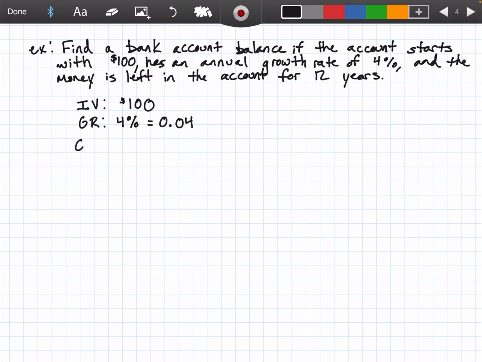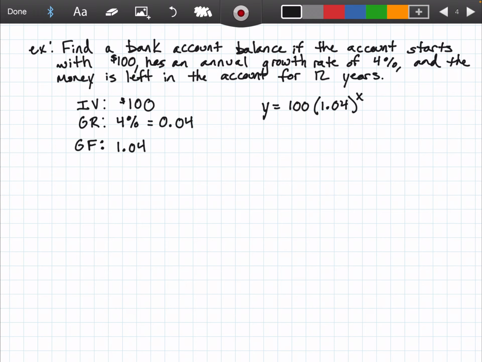Well, that means my growth factor is 1 plus that amount, so 1.04. So my equation that I could put together is 100 times 1.04 to the x.